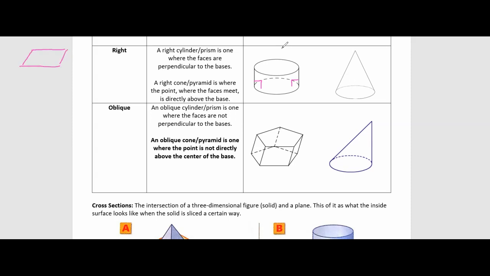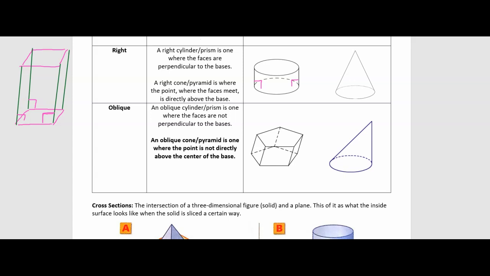Again, I'm just going to use a rectangle. Those are generally the easiest to draw. So a right prism, same idea: there would be right angles between the base and all of the faces. It doesn't matter which one, they would all be right angles.